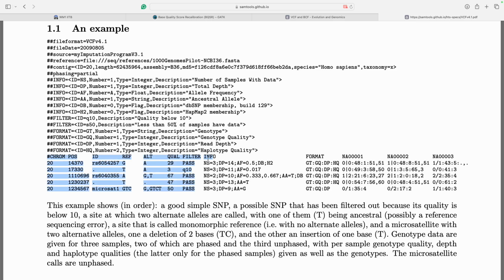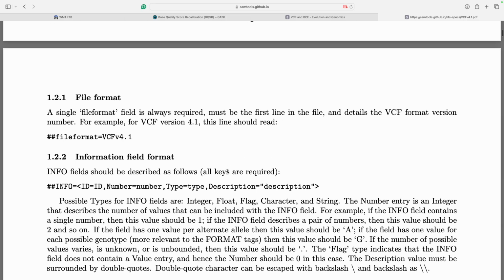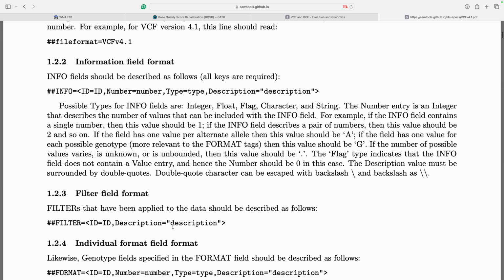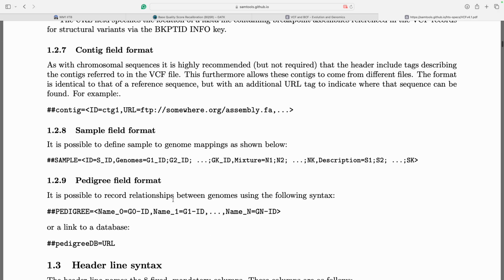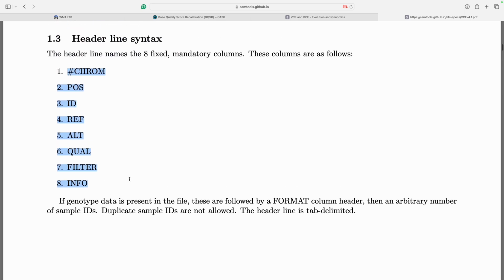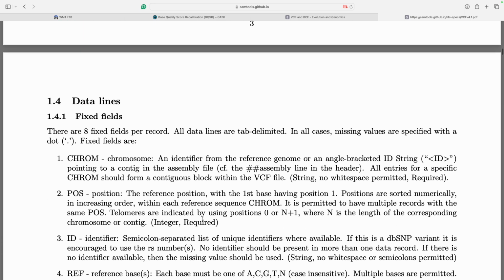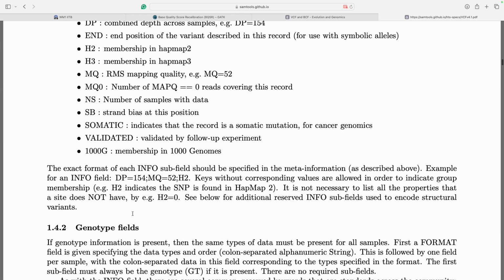Some fields are mandatory, some fields are optional. The mandatory fields are INFO, FILTER, QUAL, REF, ID, POS, and CHROM, and there are certain optional fields as well.